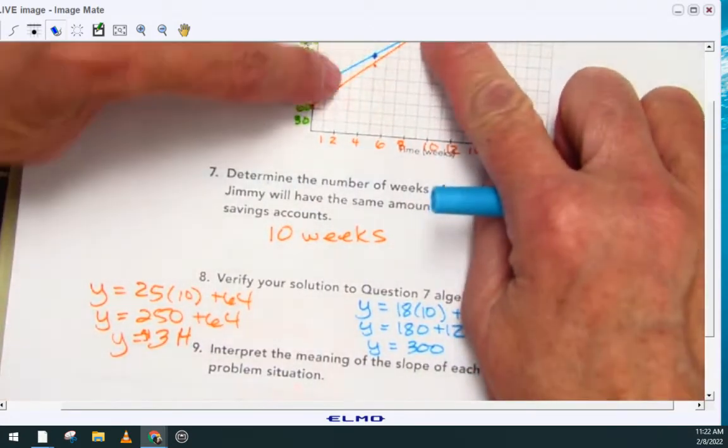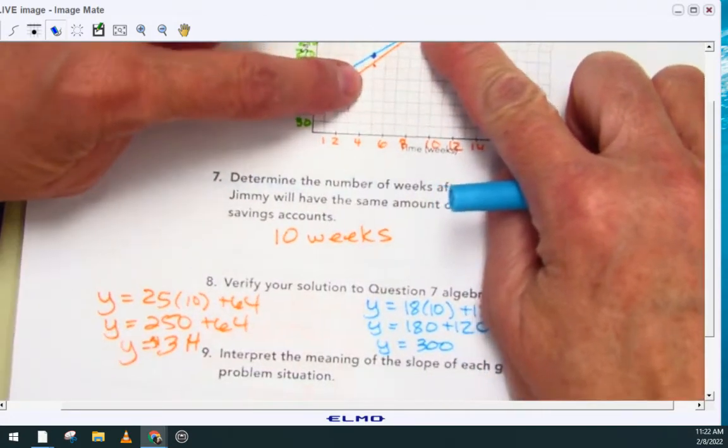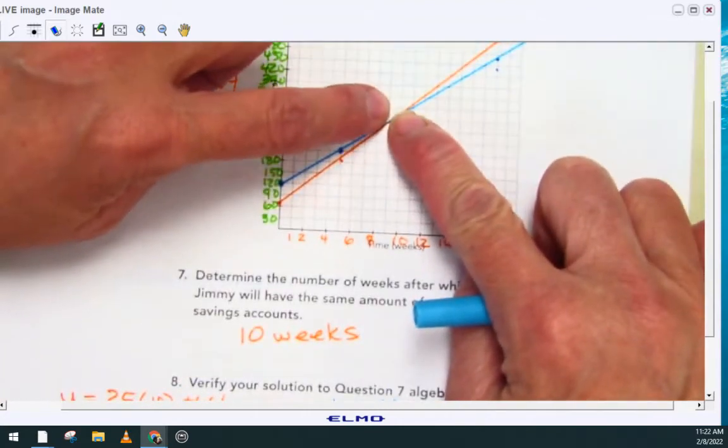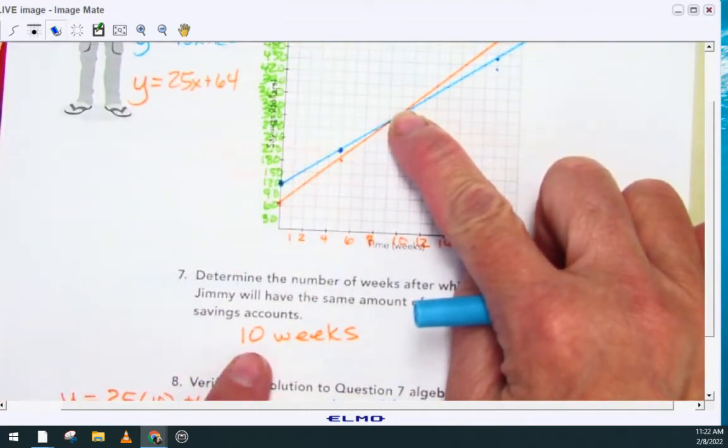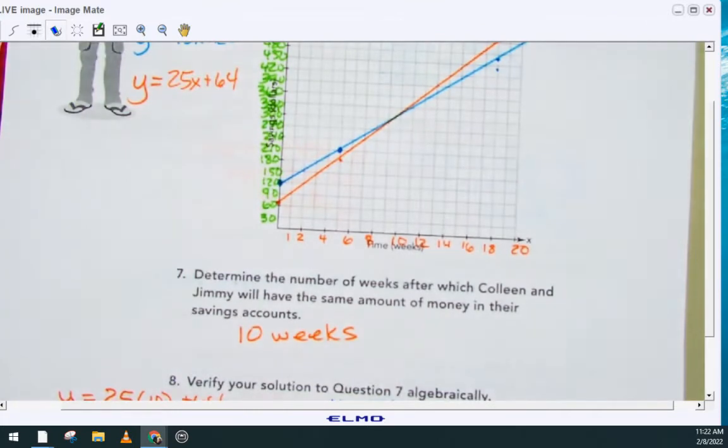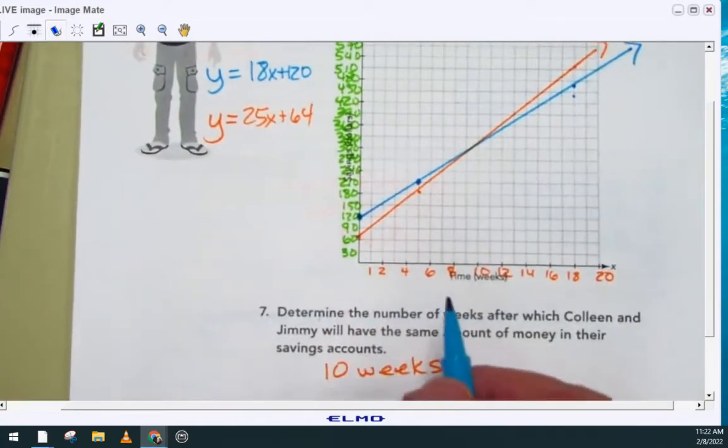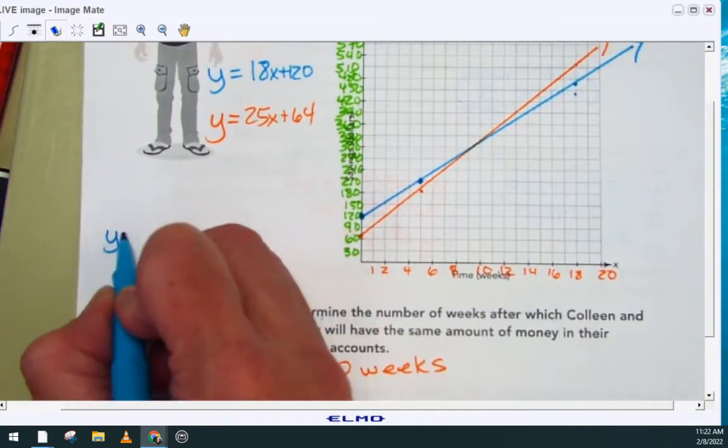So at 10 weeks, this orange line is actually supposed to be higher than the blue line. So that means we need to go backwards a little bit. So how about 8 weeks? I'm going to go ahead and try 8 weeks and see if that works.